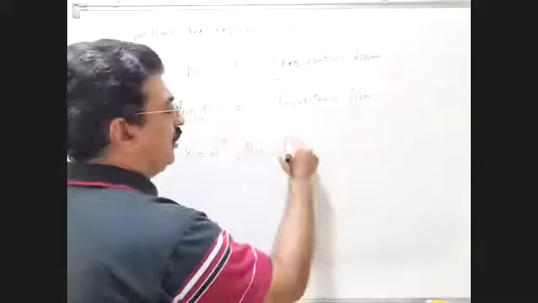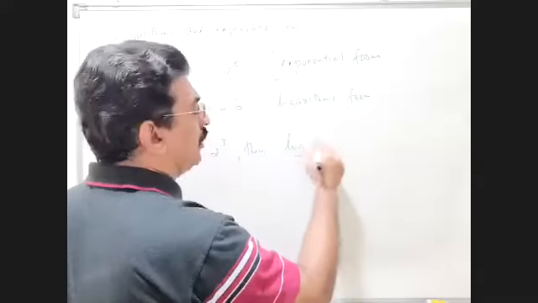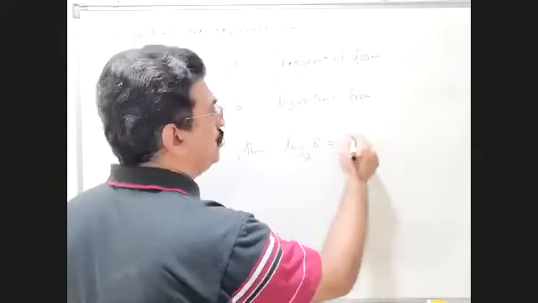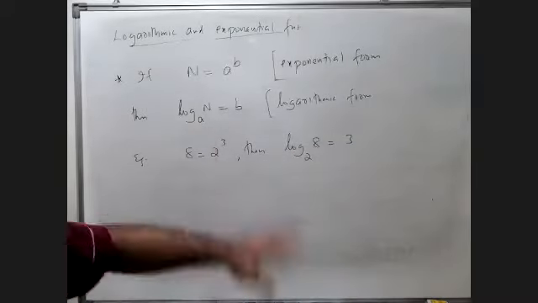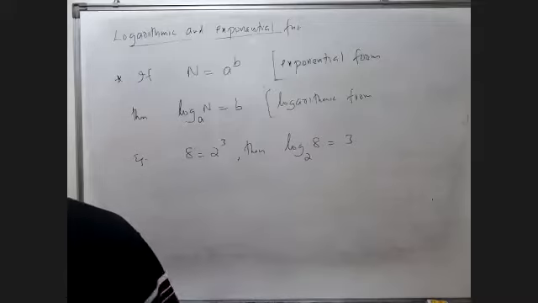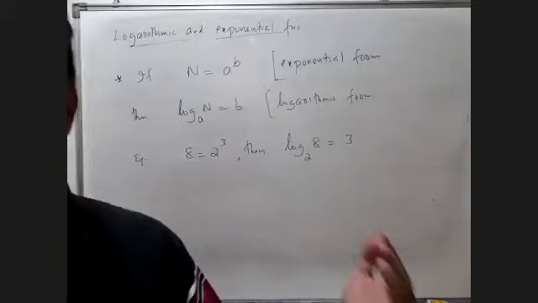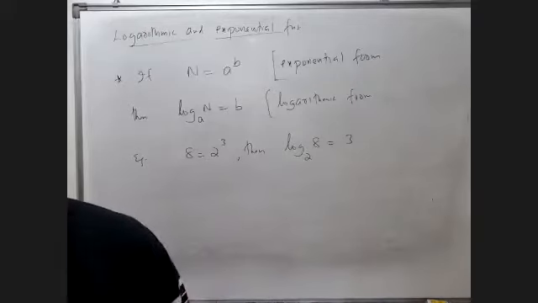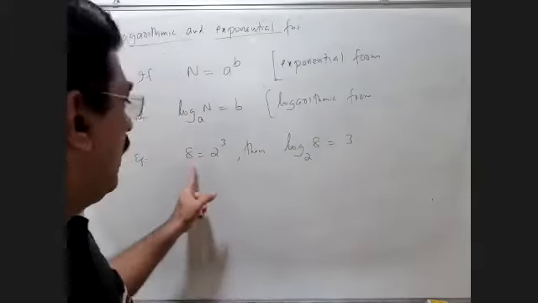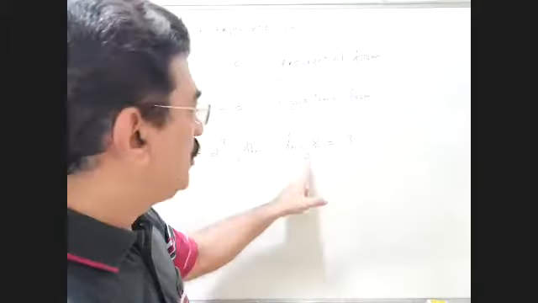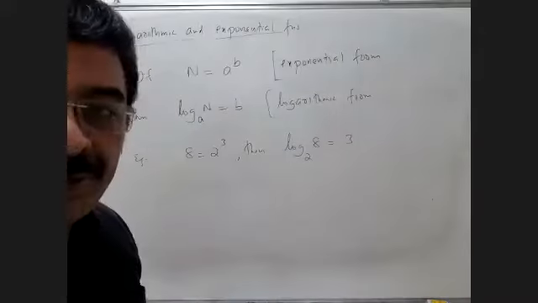Then we write log 8 to the base 2 is equal to 3. So you should know how to change the exponential form to logarithmic form and also logarithmic form to exponential form. See, 2 cube is 8, then log 8 to the base 2 is 3.